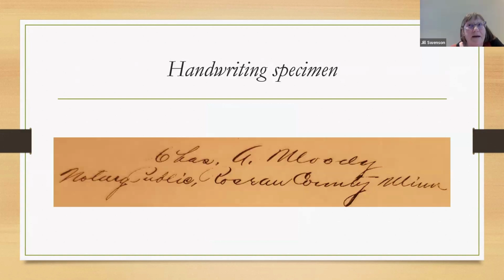This guy was my code to the secrets of the Homestead era in Warroad, Minnesota. This is pretty easy to read. It's a signature, Charles A. Moody, Notary Public, Roseau County, Minnesota. It's the first time I ran across his name when he was just a notary. He moved to the Roseau County era and led the efforts to annex unceded territory, Indian territory, into Roseau County.